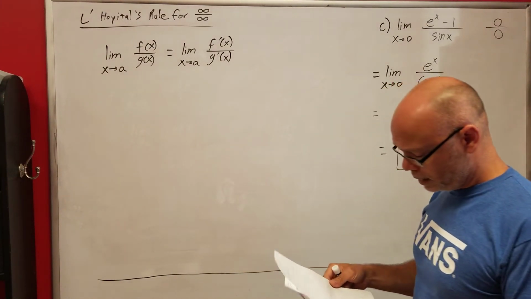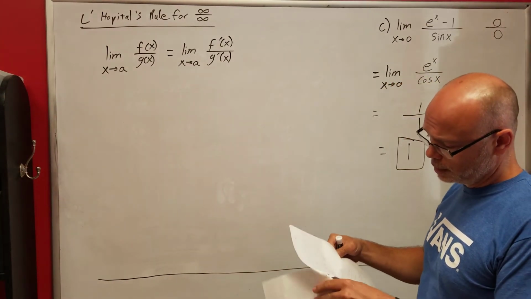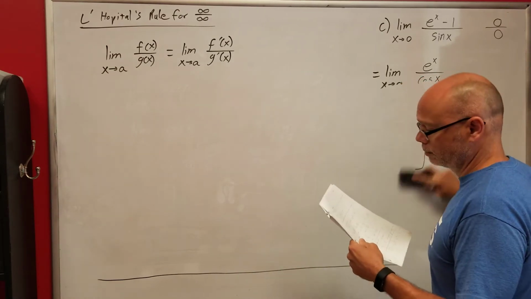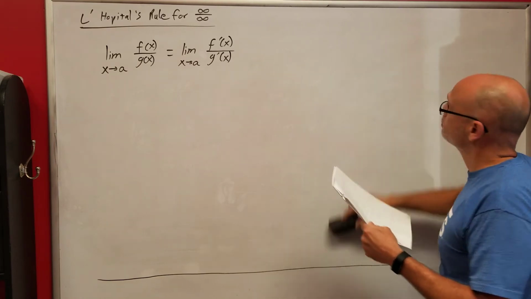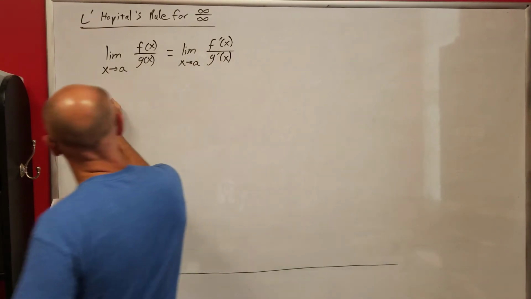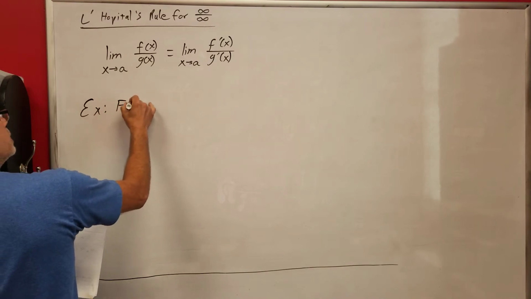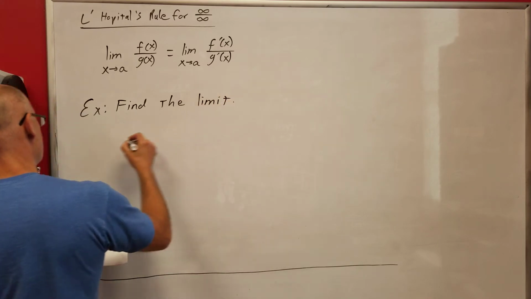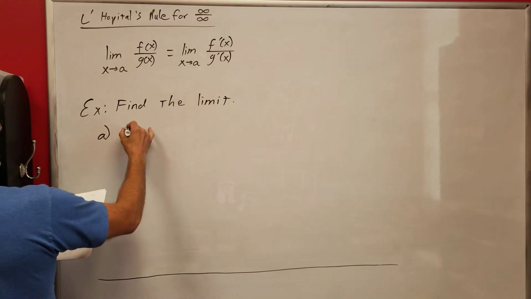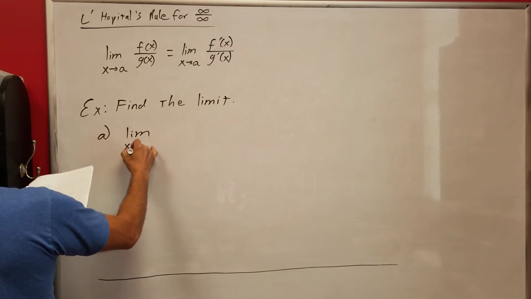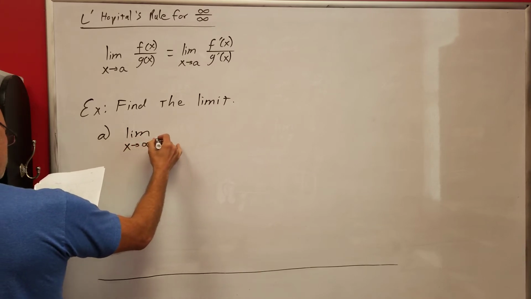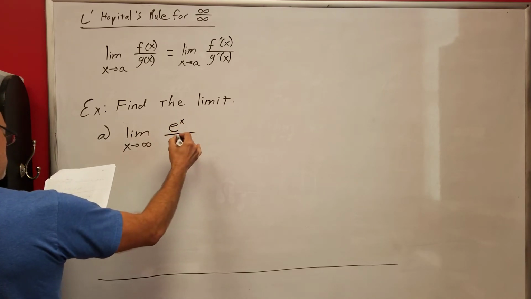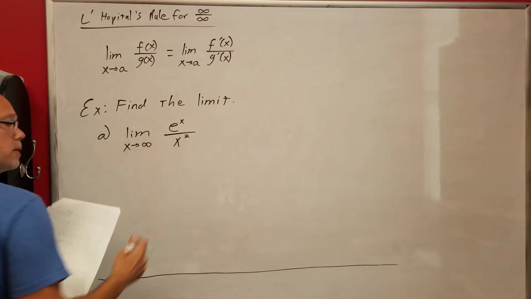All right, so let's take a look at an example here. Find the limit. Part A. Part A, we're going to have the limit as x approaches infinity of e to the x over x squared.